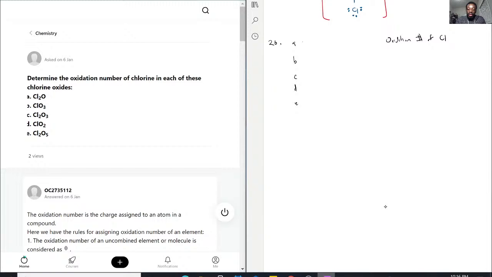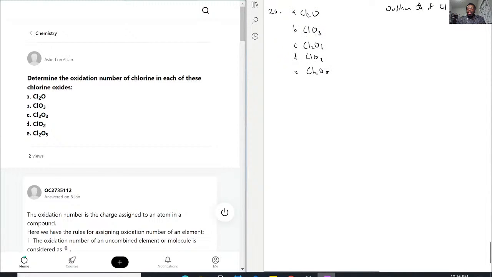So A, Cl2O, B, ClO3, C, Cl2O3, D, ClO2, and E, Cl2O5. Okay, so with this being said, the good news is that we all have oxygen there, each of them.